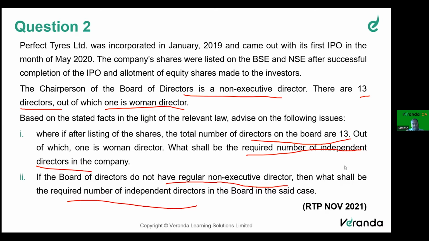The first one being, 13 are there total, one is a woman director. What shall be the number of independent directors? The other scenario is a regular non-executive director, what shall be the required number of independent directors on the board in this case?